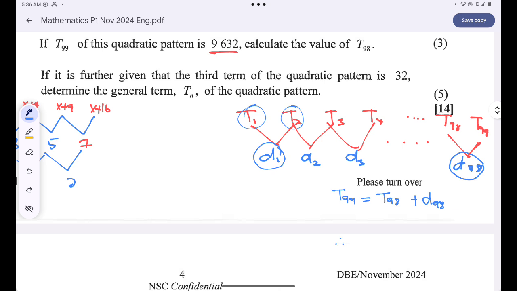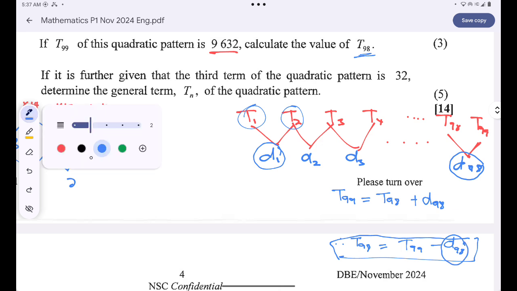So therefore, for me to find T98, I just need to say T99 of the quadratic minus the 98th term of the first difference. So this equation will simply give me the 98th term that they are looking for. So for me to find the 98th term of the quadratic sequence, I must first find the 98th term of the first difference. And how can I do so?